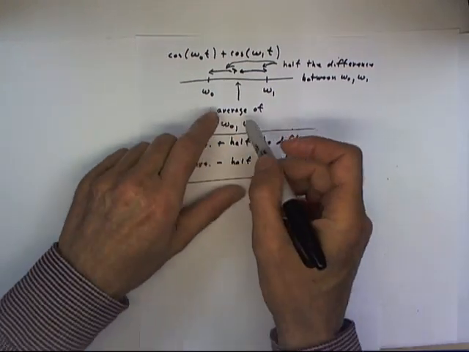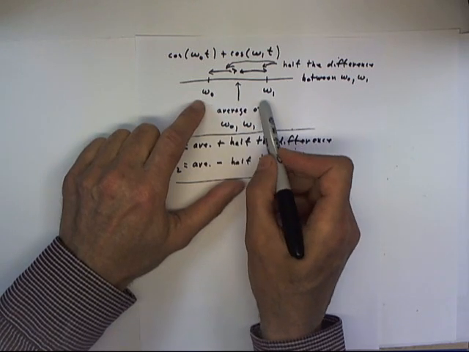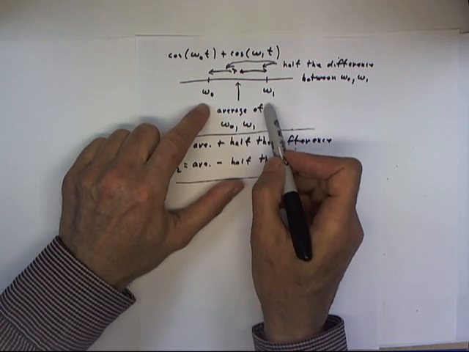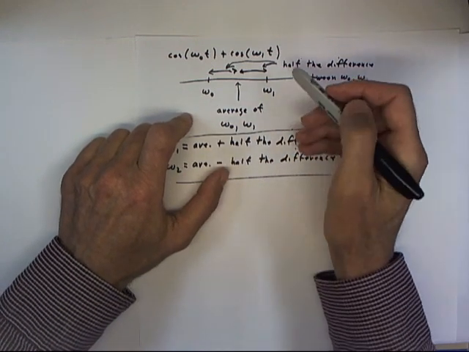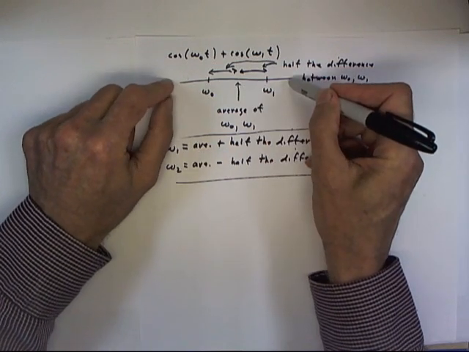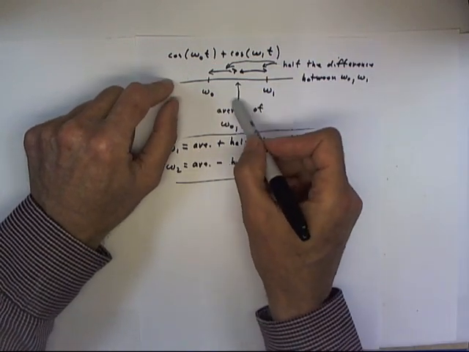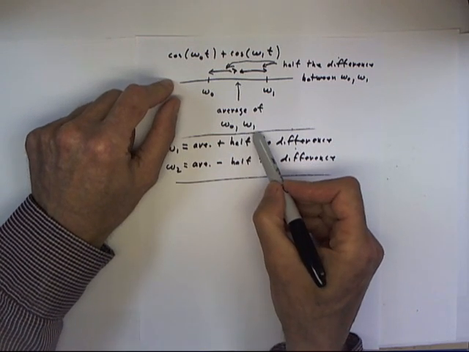Now, omega naught and omega 1 are just numbers, they're angular frequencies, and I've written this so that omega 1 is greater than omega naught. It could be the opposite. But the point is that we have omega naught and omega 1 on a number line. Then, right halfway in between, we have the number that represents the average of omega naught and omega 1.